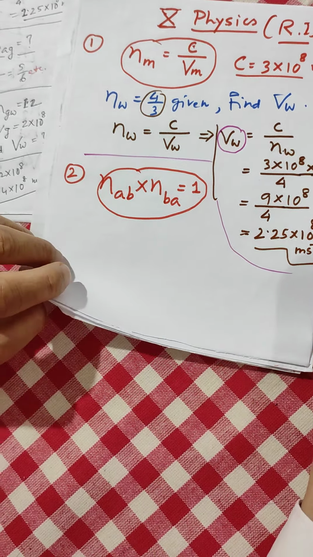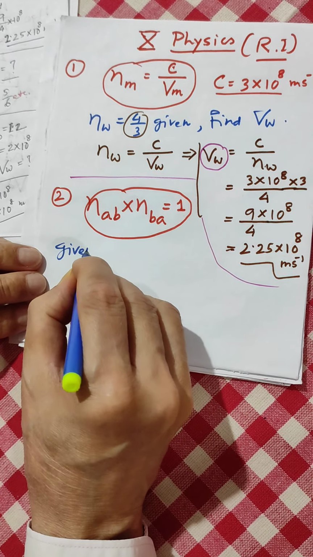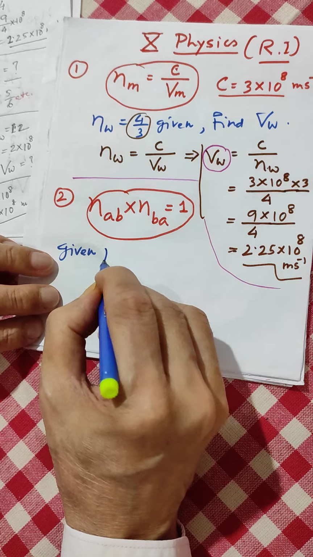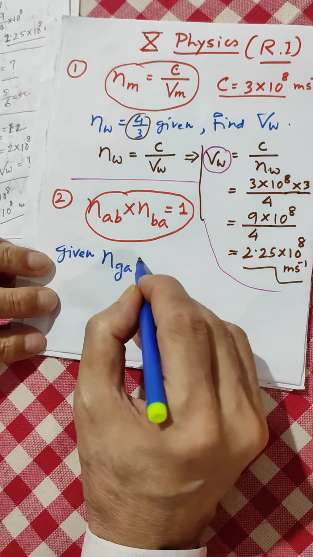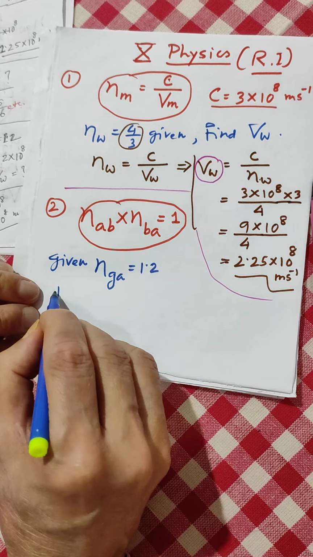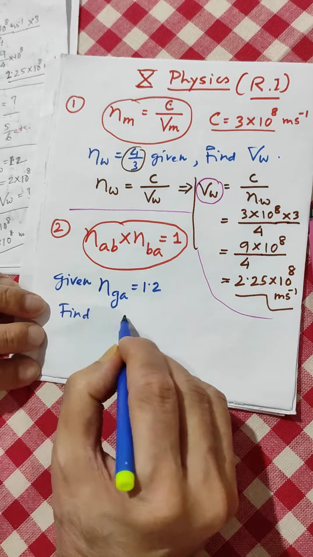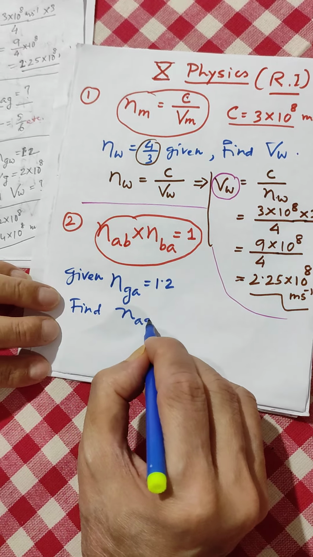Now suppose this question again. Suppose in a question it is given that the refractive index of glass to air is equal to 1.2. This is given. So find the refractive index of air to glass.